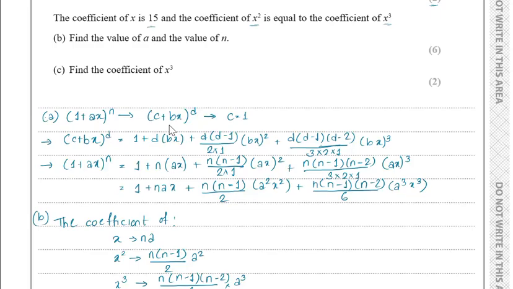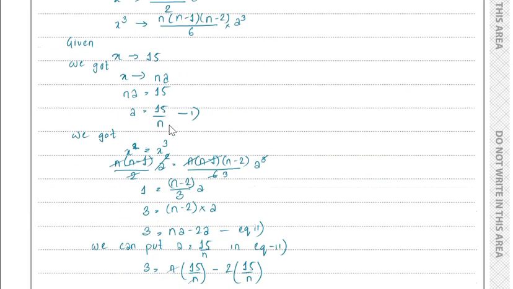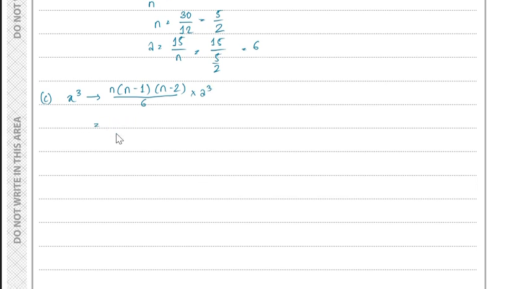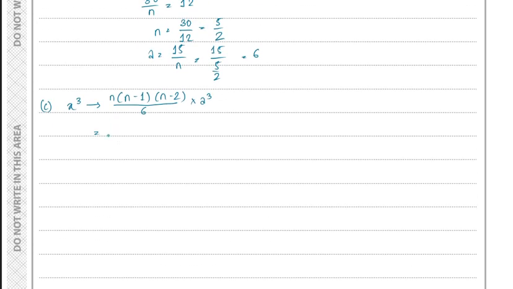And for part C, they have asked us to find the coefficient of x cubed. So for C, the coefficient of x cubed we got was n multiplied by n minus 1 multiplied by n minus 2 divided by 6 multiplied by a cubed. And we already know what n is.